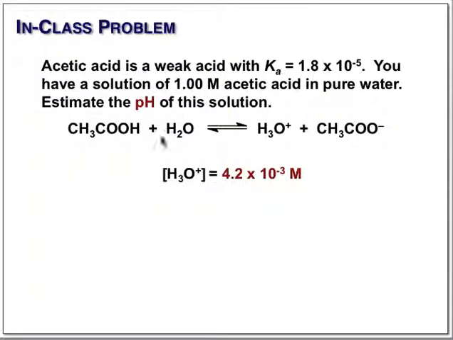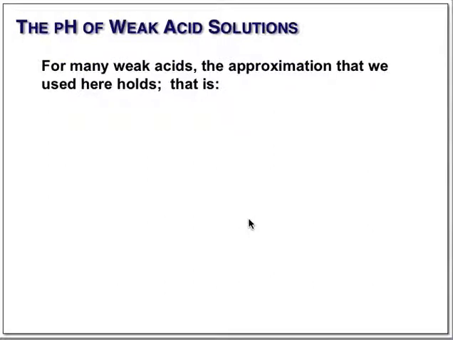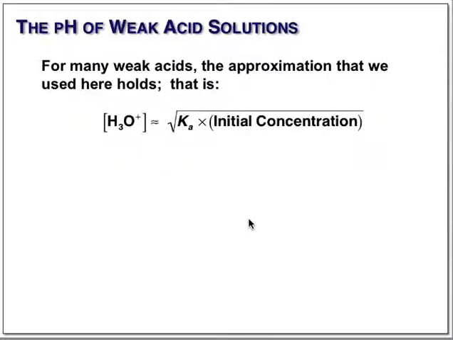Now, the problem actually asked for the pH, so this is our hydronium. We know that pH is minus log hydronium, and this is 2.38 as our pH. Now, what we've done here is called the weak acid approximation.